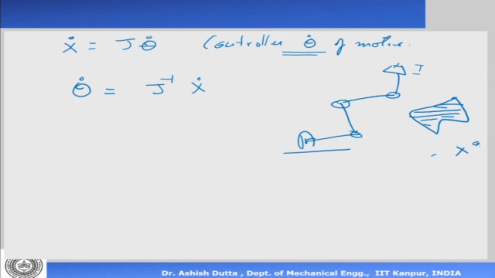Now there can be infinite paths. There could be no paths. Suppose I find a path like this, like this, like this. I'm finding the path at the end effector level, not at the joint. Now for every point here, to take the end effector there, the motor controller must be able to give a particular joint velocity.